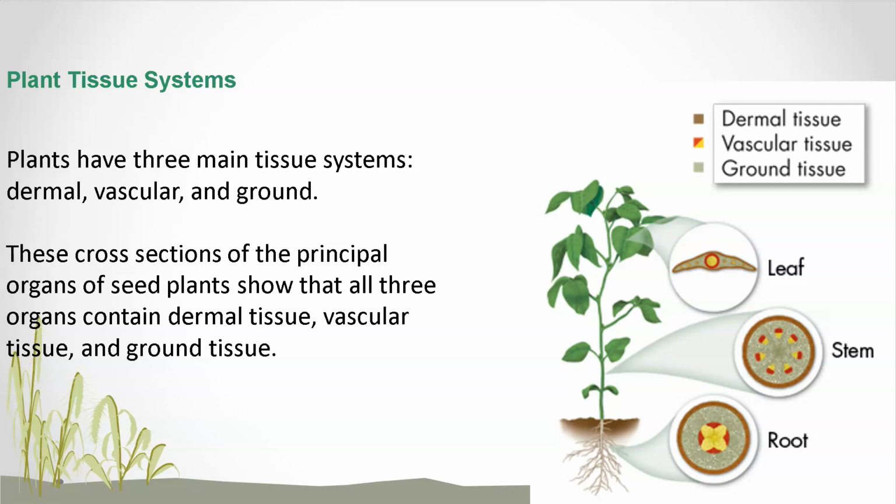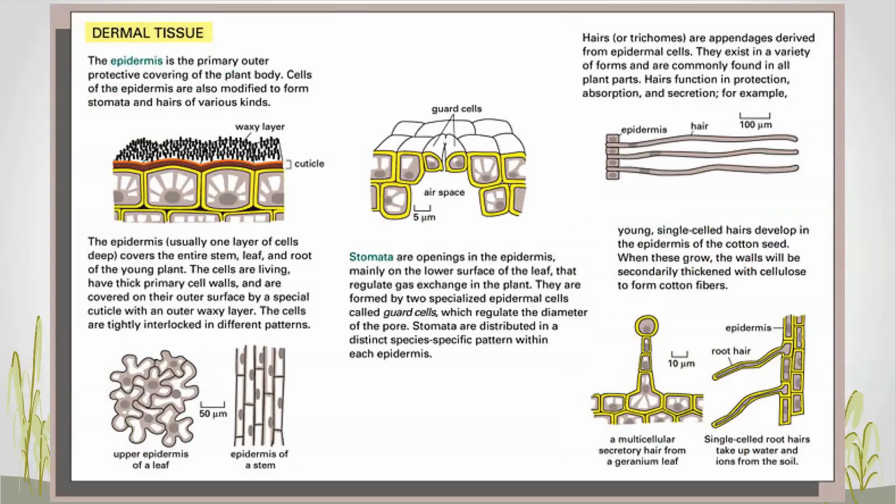Plant tissue systems have three main types: dermal, vascular, and ground. Dermal is the covering, kind of like the epidermis of the plant. As far as function goes, it is similar to your skin. Sometimes it has a waxy layer called the cuticle. Sometimes there are hairs, or trichomes, which are appendages from epidermal cells, and they protect plants and deter animals from eating them.